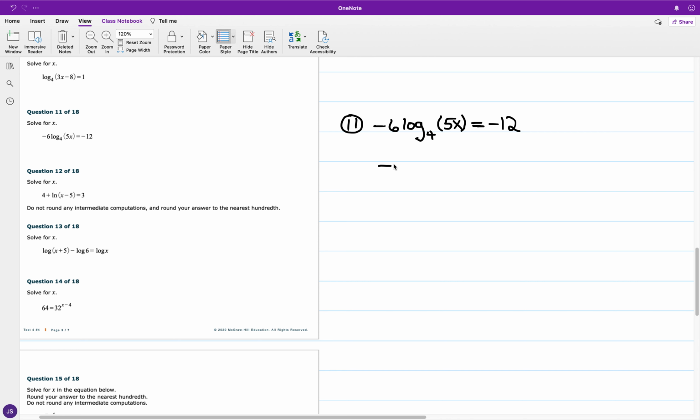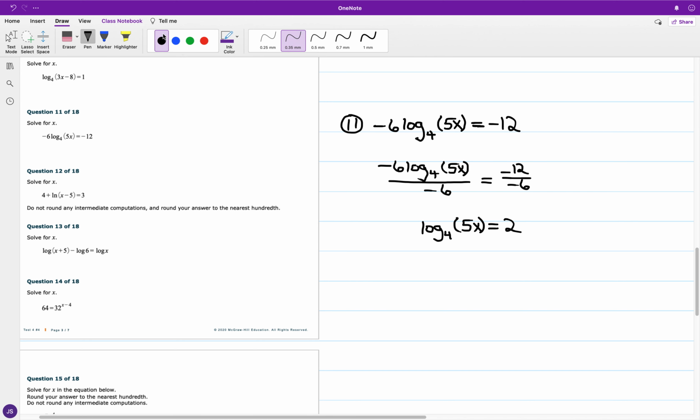So if I divide both sides of the equation by -6, the problem becomes somewhat simplified, whereby we now have the base 4 logarithm of 5x is equal to 2.